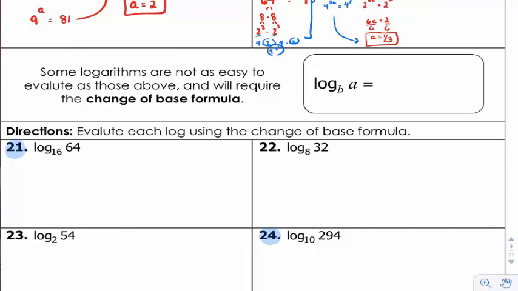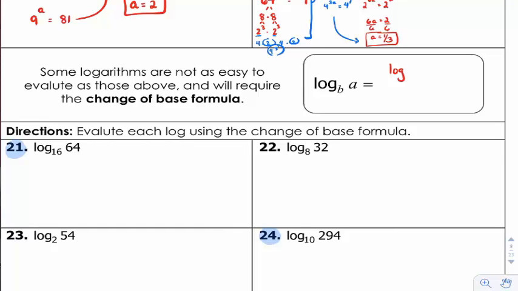If you have log base b of a, that b is going to be a nasty base. In other words, it's not 10 and it's not that e number that we haven't talked about. When that occurs, we're going to use this change of base formula, which is log, and you can make this base any base that you want. But I'm going to use base 10. Because I'm using base 10, I don't have to write base 10.